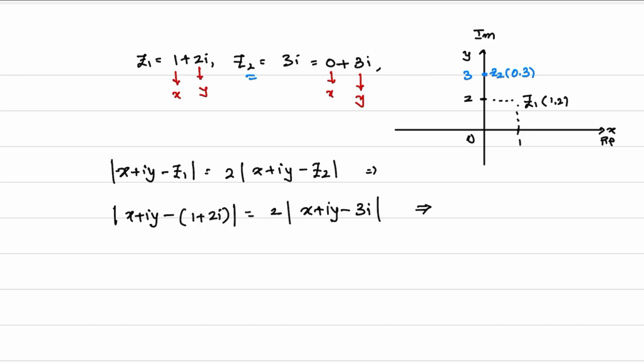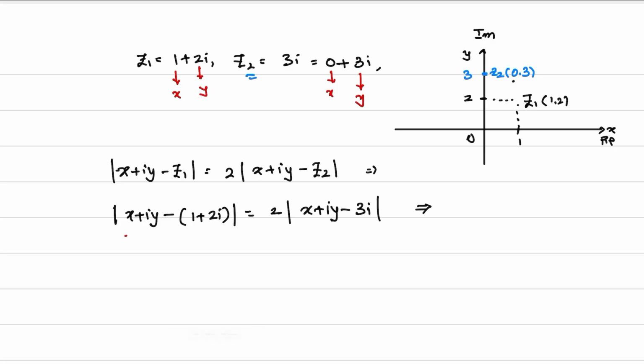there is a point, some (x, y) here, so that you try to understand the geometry. This is nothing but a point (x, y). Z1 is here, and let there be a point (x, y) here.